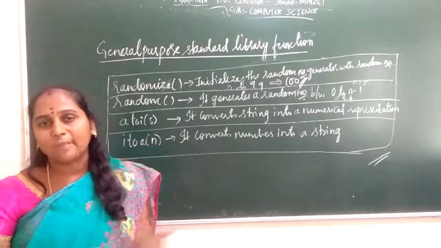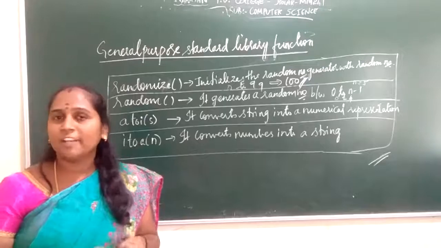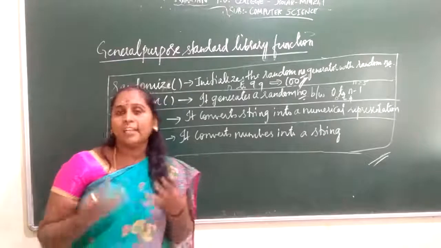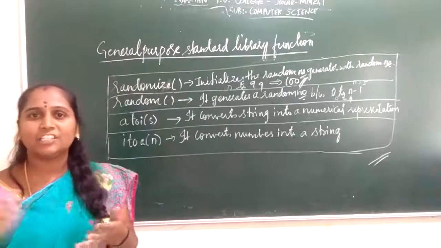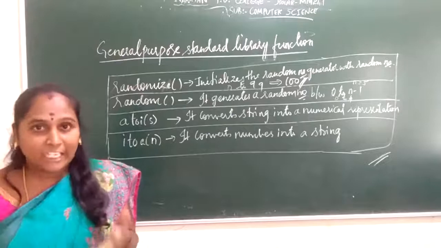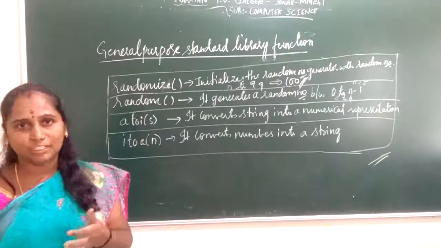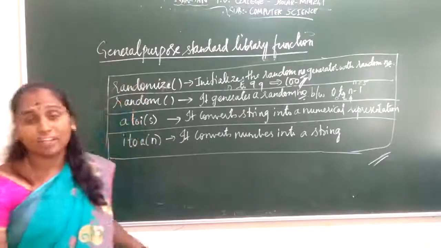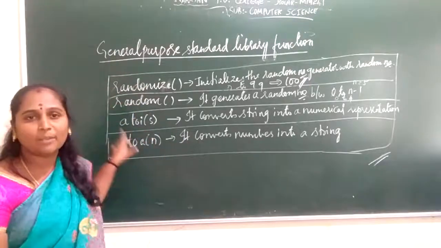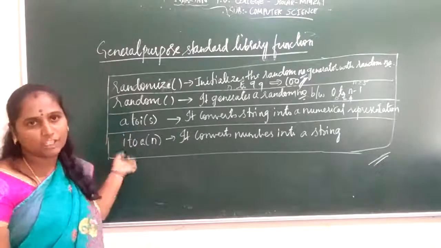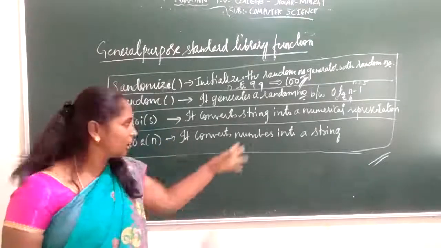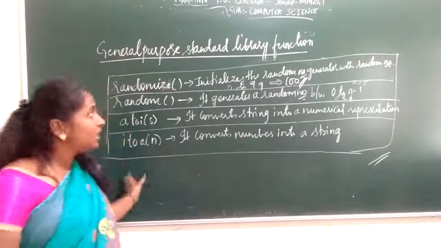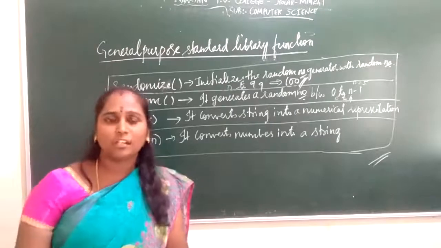Then we saw library functions like mathematical functions, string functions, character functions, and console input output functions, including getchar, getch, and getche and the difference between them, putchar, and puts. Last is the standard library functions, where we saw 4 types: randomize, random, converting from string to numerical representation, and number to a string. So we have completed the 7th chapter, Introduction to C++.